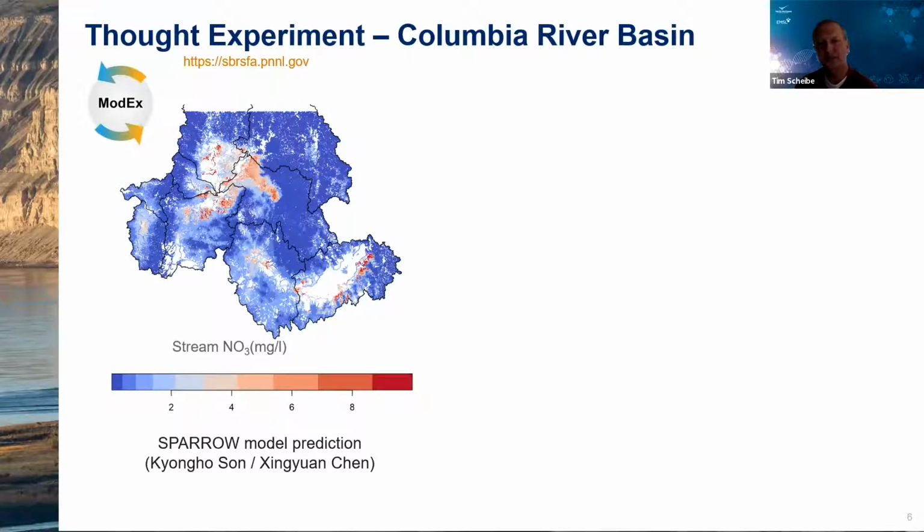So if we start with, for example, a prediction of stream nitrate levels generated by an existing watershed scale model called Sparrow. This is a model that's widely used. I think it was developed by the US Geological Survey. And Xingyan Chen and her team, including Kyung-Ho Sun, have applied this to the Columbia River Basin. By the way, the Columbia River Basin is shown on the map in the upper right of your screen in the black outline.